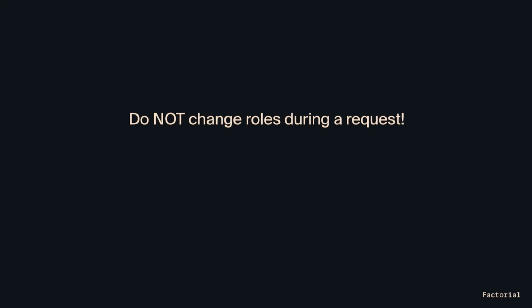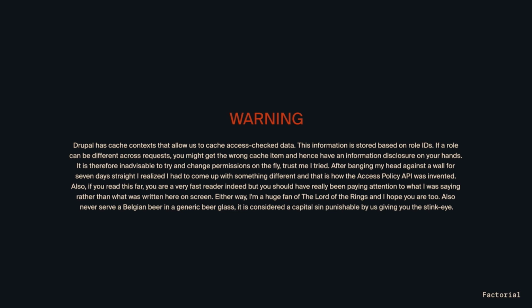And I thought about changing someone's user roles during the request. Don't do that. It's a security risk, I found out. The gist of it is that we have a user.permissions cache context, which relies on your roles. And if you change those during a request, then the outcome of that cache context might change, and then you're screwed.